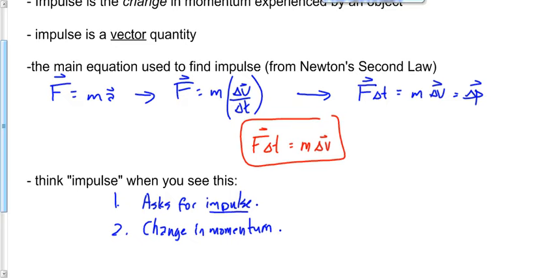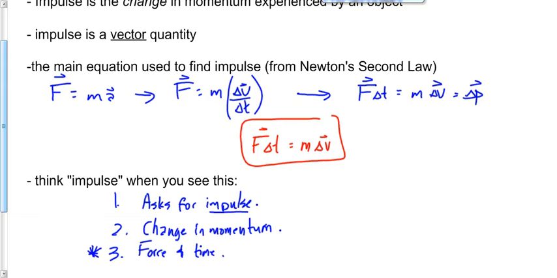The third and final one, though. If you see a force and a time in the same question, there's got to be an impulse, a change in momentum. I'm going to star this one because this one is often the trickiest one.